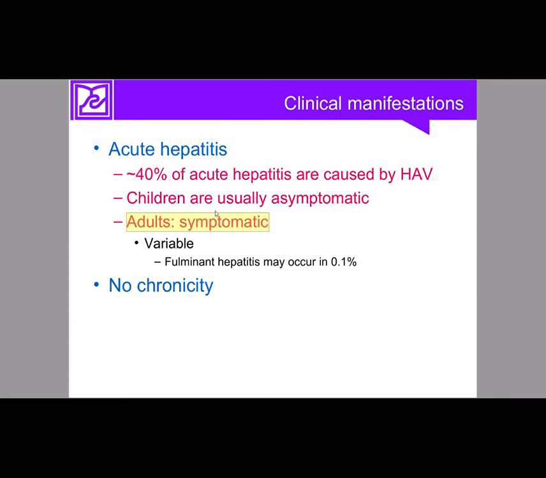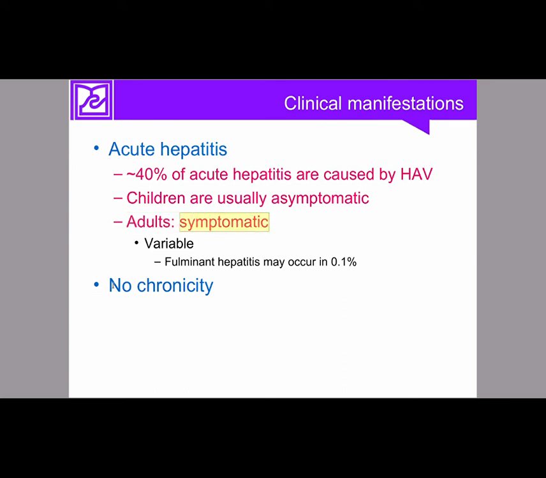But if we suffer the disease, as an adult, we will suffer a more symptomatic, more severe disease. This is the same problem as Epstein-Barr virus. A long time ago, when sanitation was very poor, children infected very easily with Epstein-Barr virus, and they suffer an asymptomatic disease. But now sanitation is better, okay?